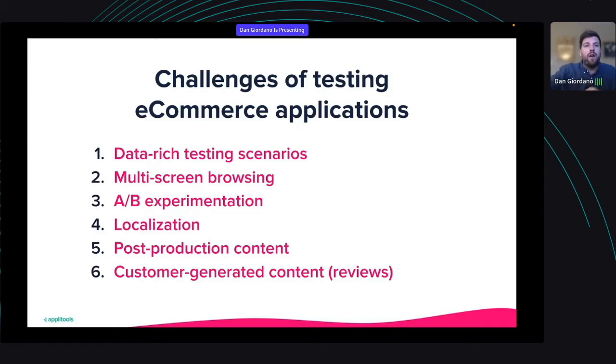Fifth problem here, and this one's going to be kind of interesting and new to a certain extent, is post-production content. So what do we mean by post-production content? What we mean here is content that enters into the application state after a CI/CD process has maybe been enacted, or post the development process.